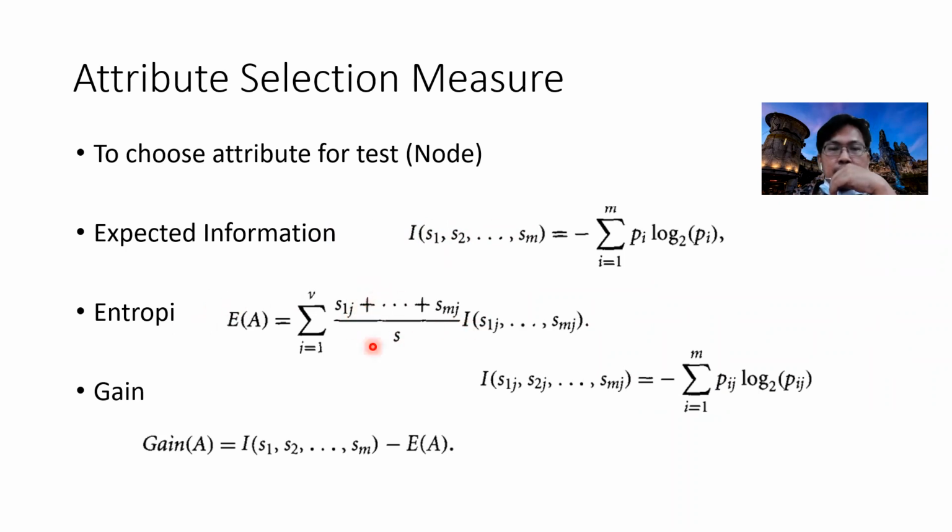There is a weight. Each attribute has its own class. And finally, we have the gain of an attribute. The higher gain will potentially become a node.